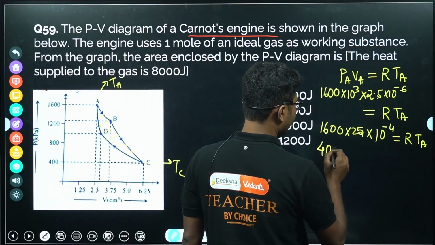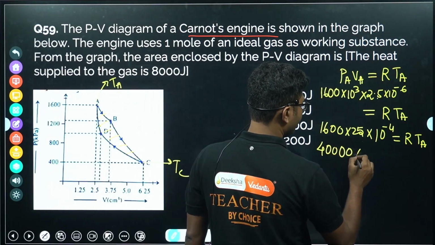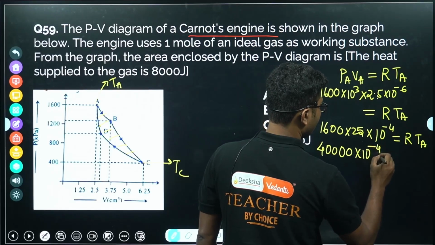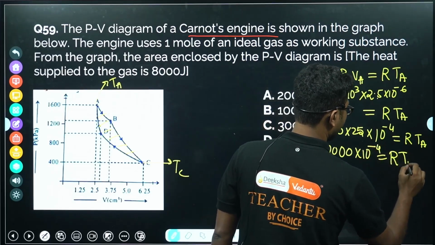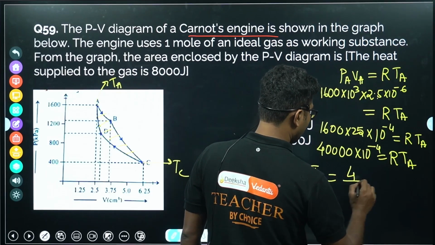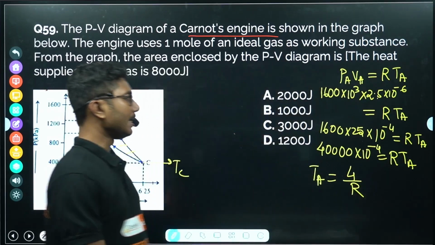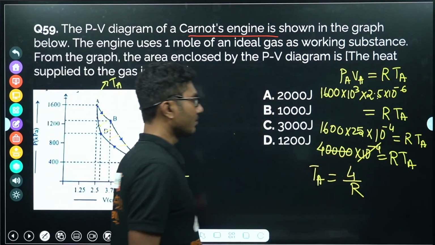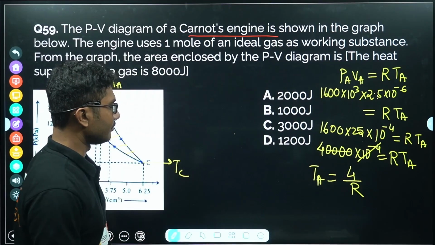So 400 times 10 to the power of minus 4 is equal to RTA. So TA is basically 4 by R. This 4 zeros will cancel with 10 to the minus 4 and it will be 4 by R.